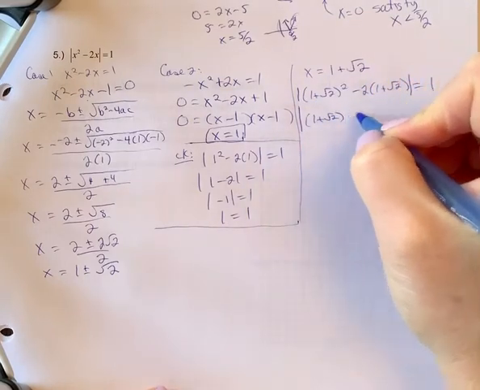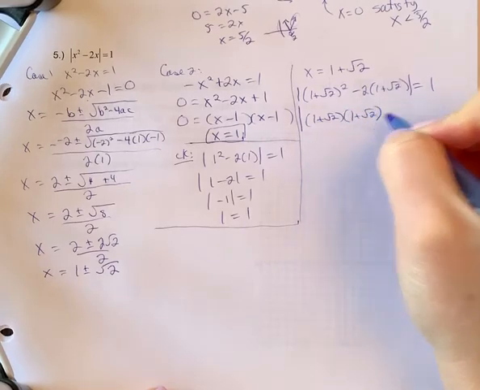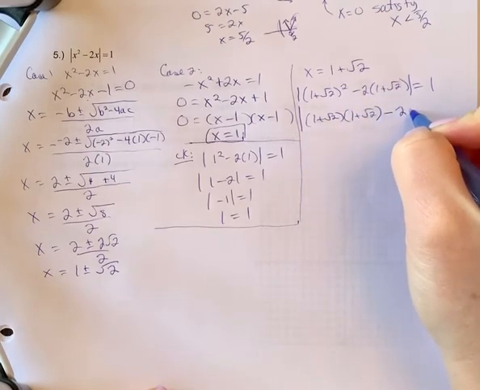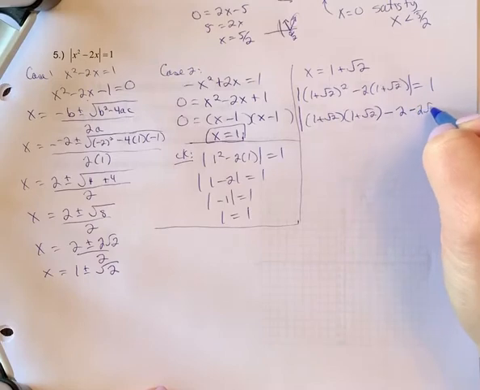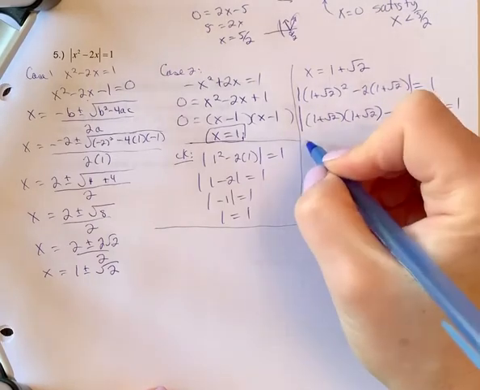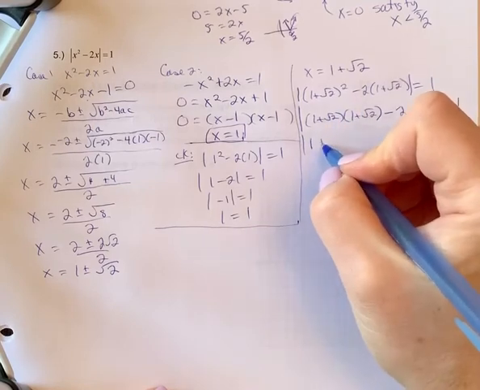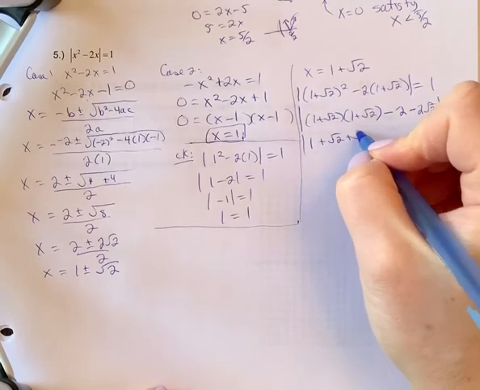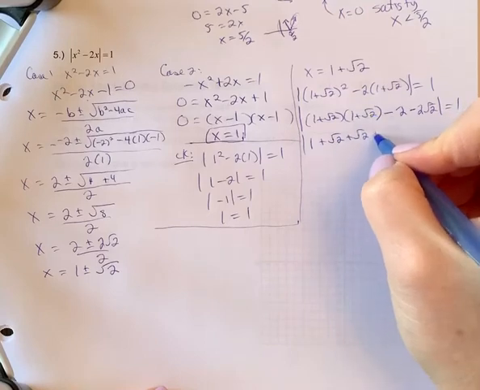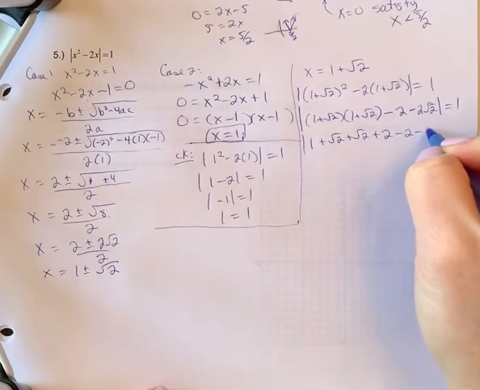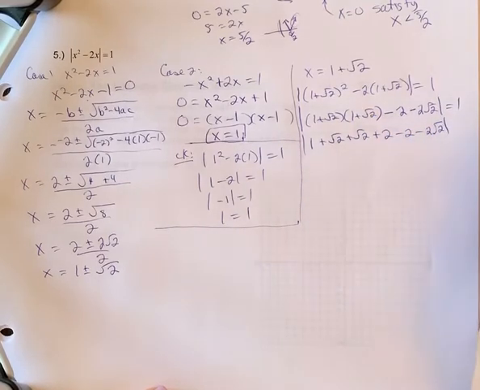The absolute value of 1 plus root 2 times 1 plus root 2 minus 2 minus 2 root 2 equals 1. Let's FOIL this out. So you get 1 first, outside and inside, so you get plus root 2 plus root 2. Last, you're going to get plus 2, minus 2 root 2 equals 1.